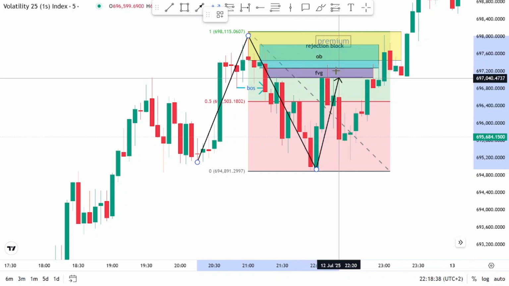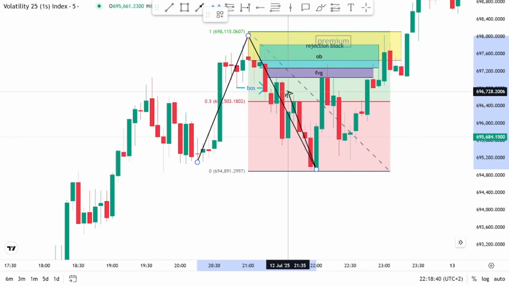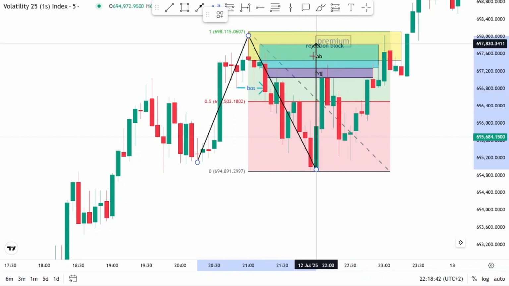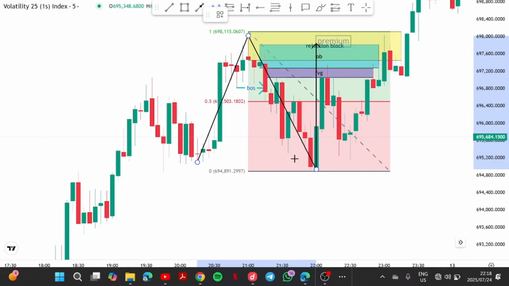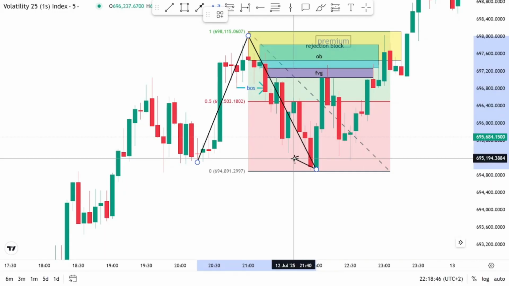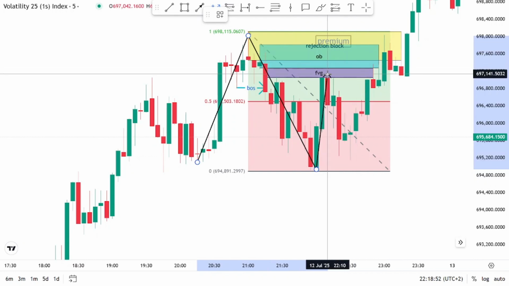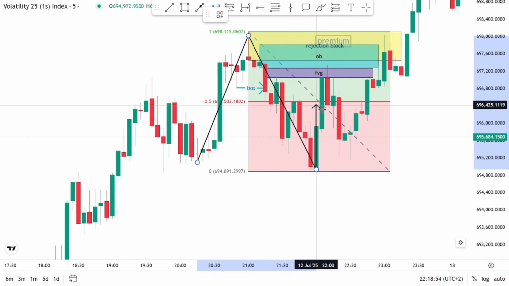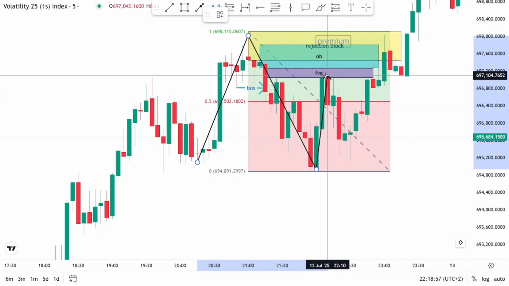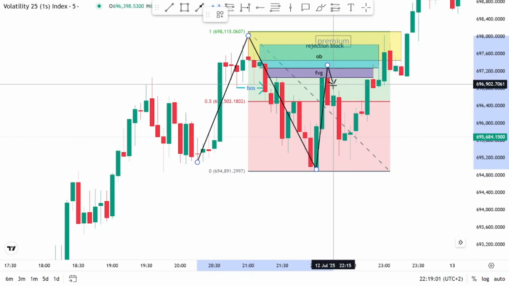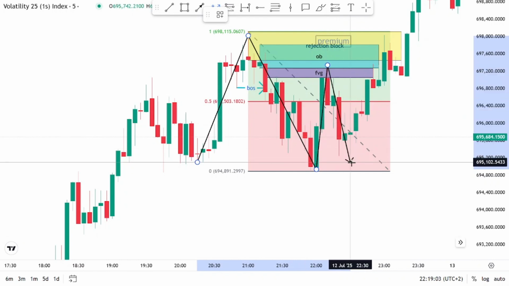So when it comes to this part, we have 1, 2, 3 of our institutional reference points all in the same area, so we have a PD array. Our point of interest is all here. So price went through our fair value gap to our order block, and then from there it reacted and then went to our take profit.